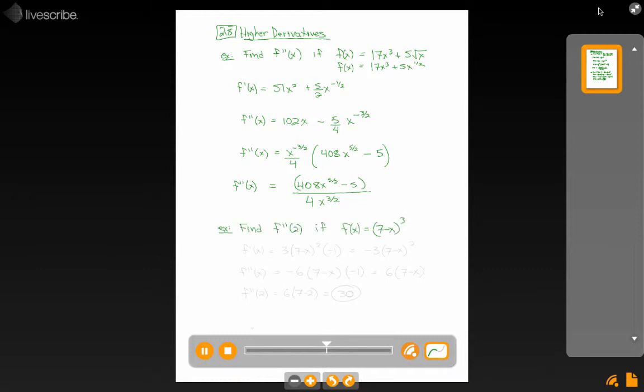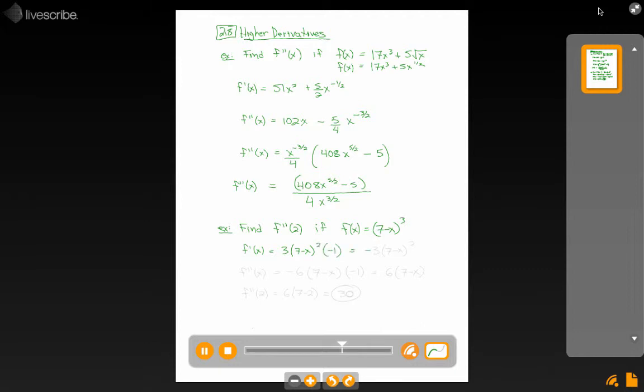In the second example here, we're asked to find f prime prime of 2. So in other words, the value of the second derivative when x equals 2, if f of x is this 7 minus x cubed function. So the first derivative, I require the chain rule to say 3 times this squared times the derivative of the inside.